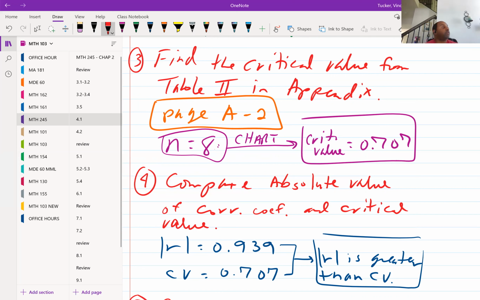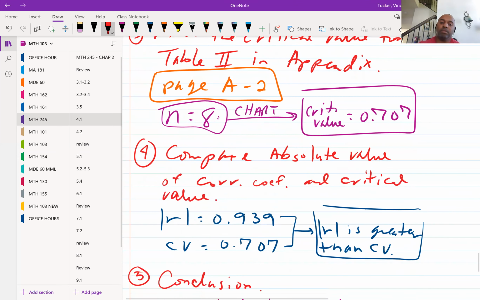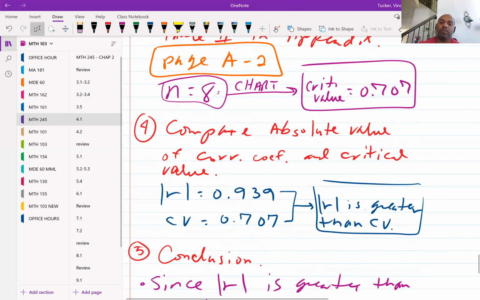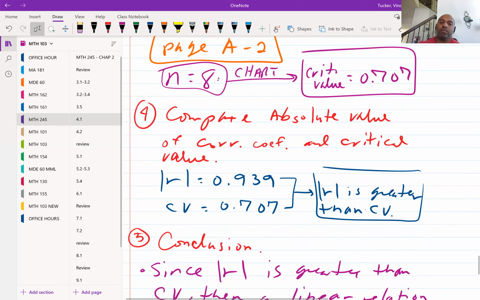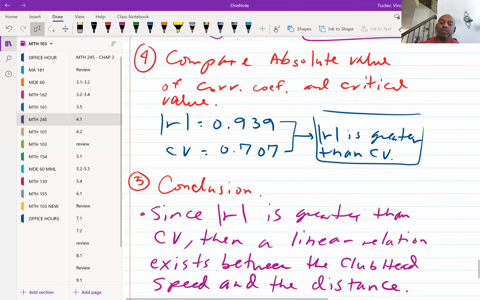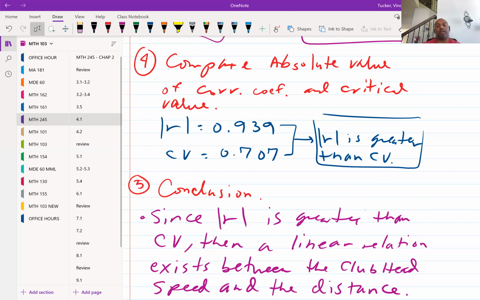So absolute value of our correlation coefficient is 0.939. Critical value is 0.707. So absolute value of r is greater than the critical value. And so since the absolute value of our correlation coefficient is greater than the critical value, a linear relation exists between the club head speed and the distance.